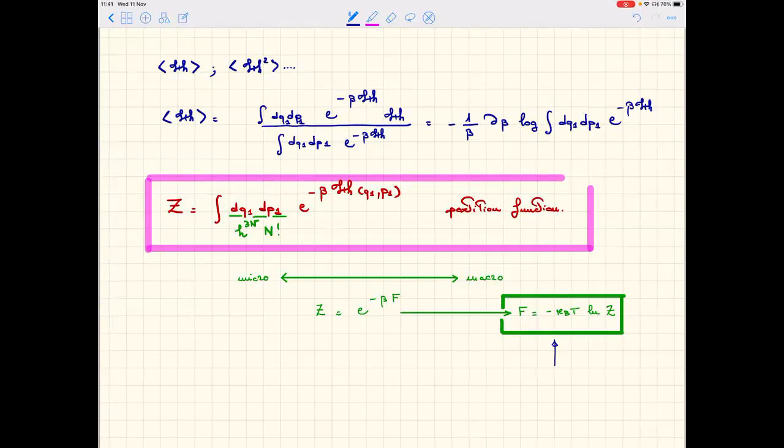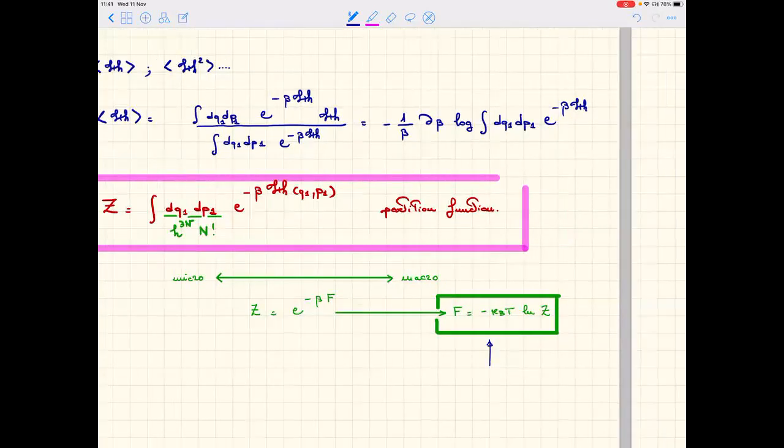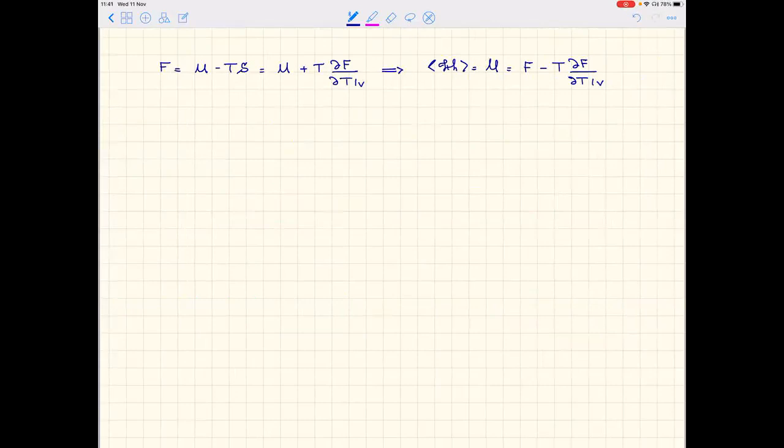If I don't verify this equation, then there's little chance that my connection between the macro and the micro is correct. All right, so let's prove this formula. Proof. The proof goes as follows.